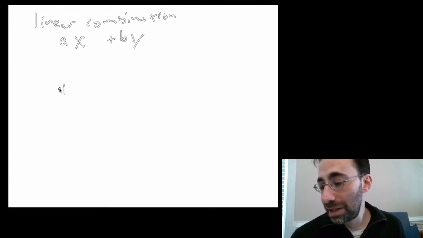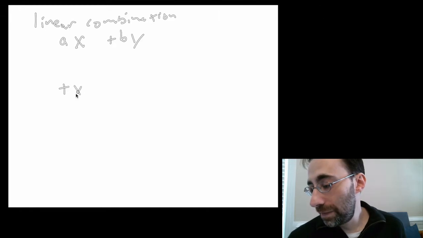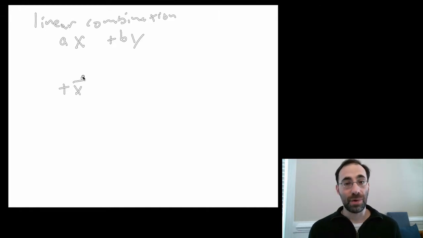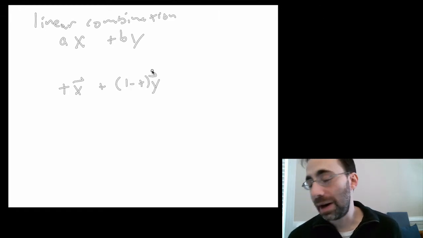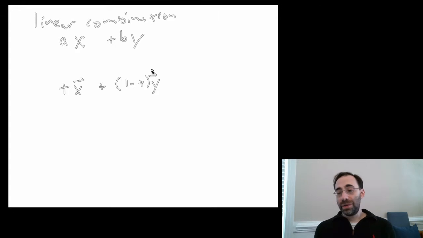Let's choose some constant t and choose some vector x, which can represent a point in space. And let's take 1 minus t and then have a different point in space, y, a different vector. Well, this thing is a linear combination of x and y. And it represents, geometrically, the line joining x and y, or the whole line that contains x and y in it.